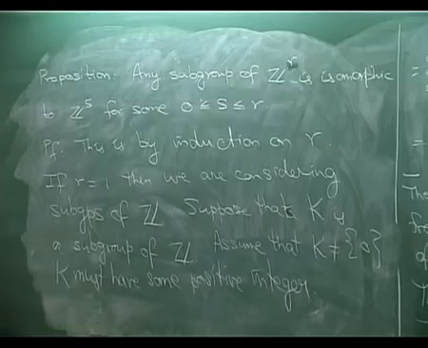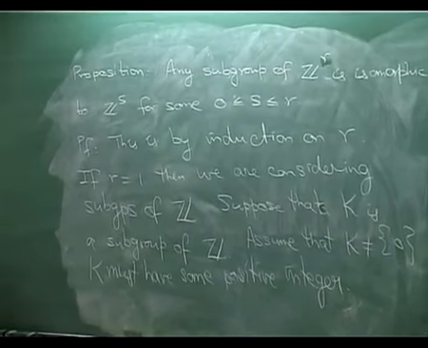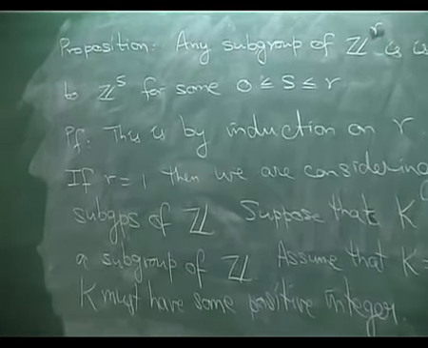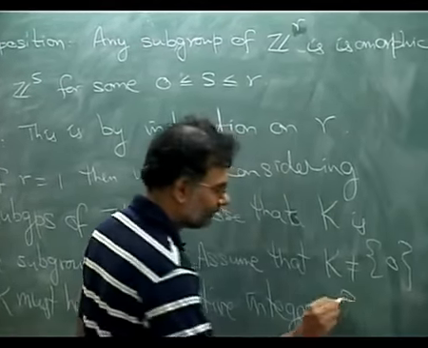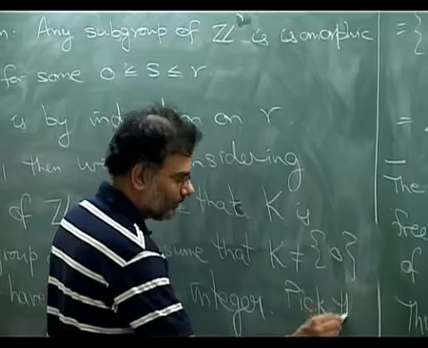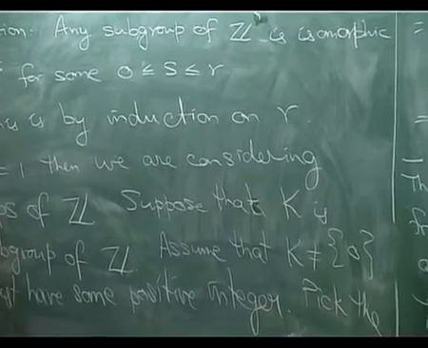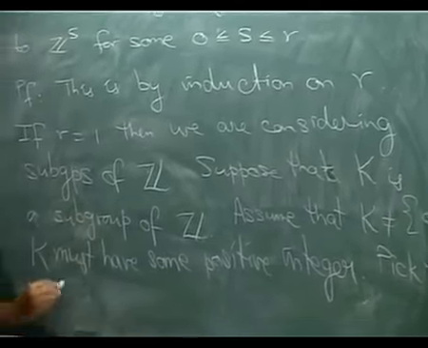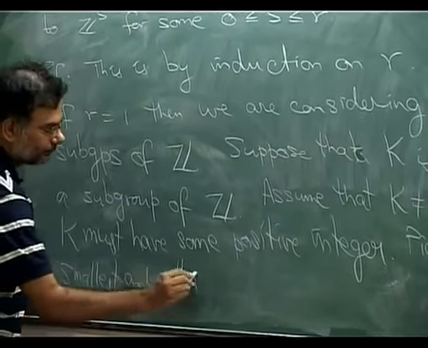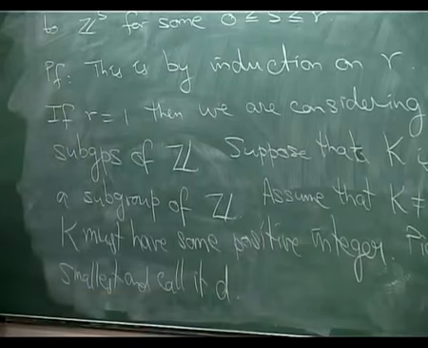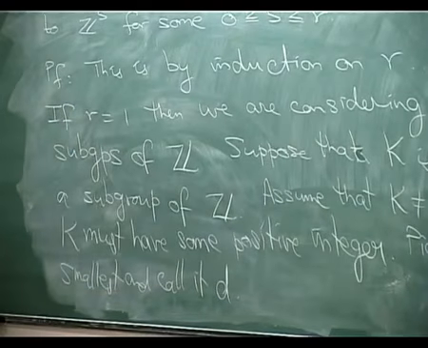Among all the positive integers in K, let us pick the smallest one and call it d. That we have to show serves the purpose. Now I claim that K is actually dZ.